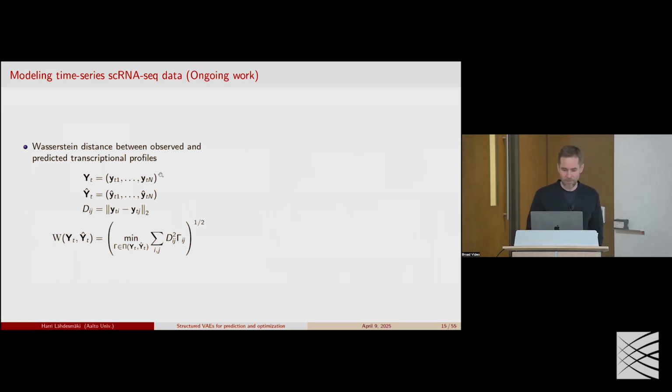So we have the data points, n many cells at certain time points, corresponding predictions, and then we can use the squared Euclidean loss to get the Wasserstein 2 type of distance measure between the predictions and the data points.